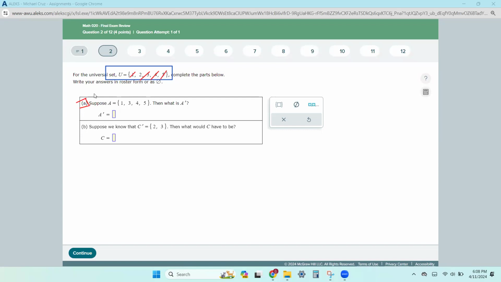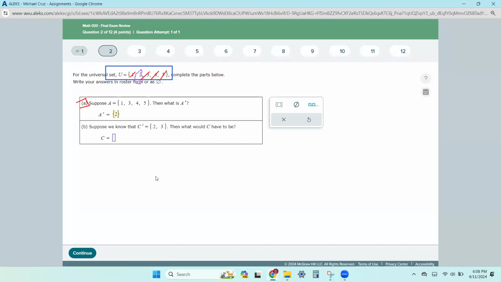That leaves me with, and we've got to open up the set brackets here. If you just throw the number in there, no good. You've got to use the set brackets, and we put the missing one from up here. That right there is the complement.